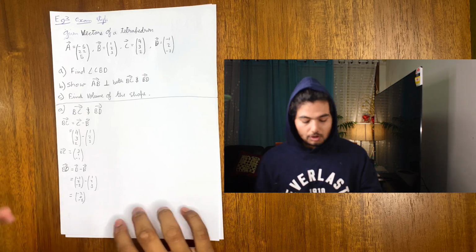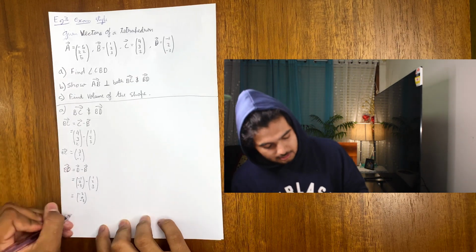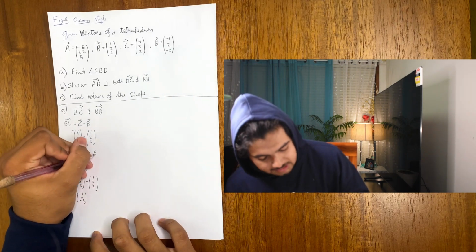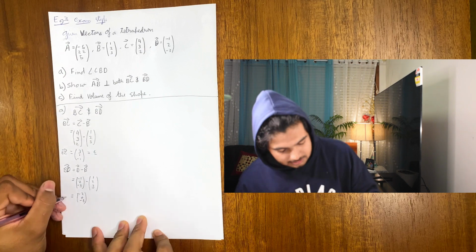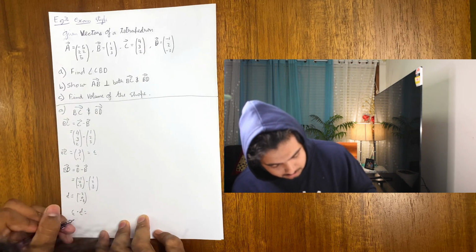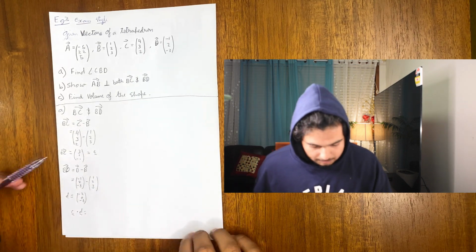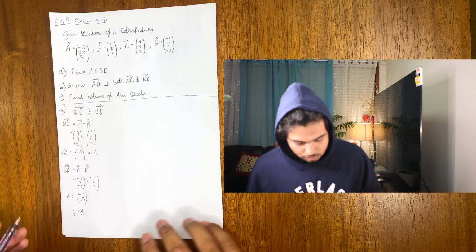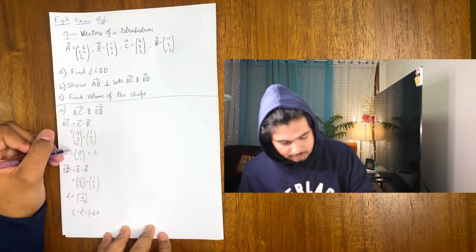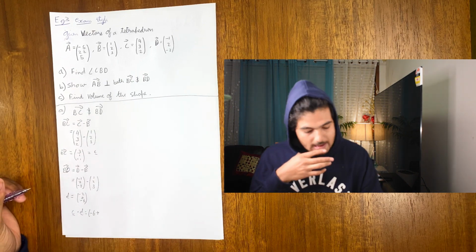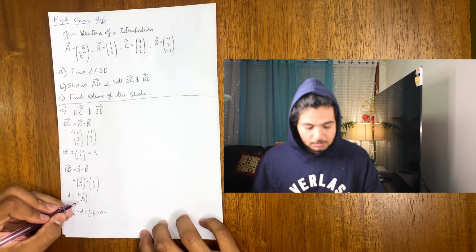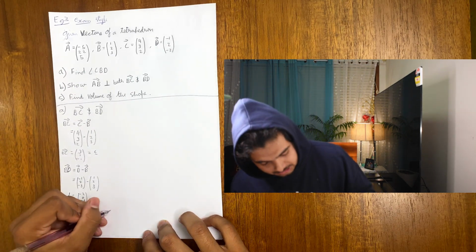Now we take the dot product and see what we get. Let's denote BC as vector lowercase c, and this as vector lowercase d. So c dot d gives me 3 multiplied by negative 2, which is minus 6, plus 1 times 0 is just 0, plus negative 1 multiplied by negative 6, which is 6.